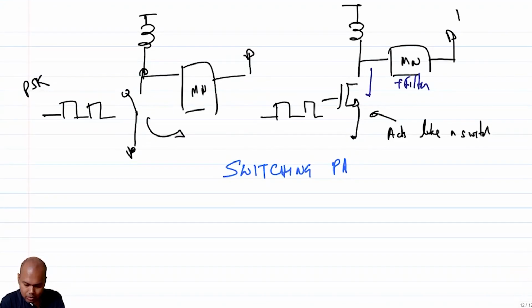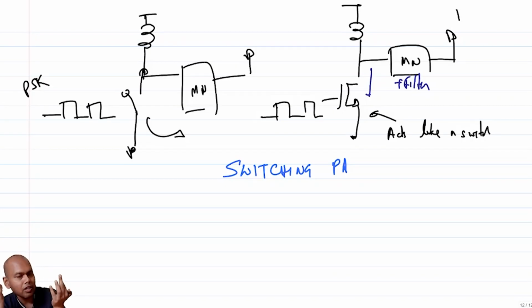And since these transistors only operate as switches, you do not really have to bother about efficiency, right? In principle, there is no power consumption across the switches, as long as you ensure that the currents and the voltages are not overlapping during the switching period.